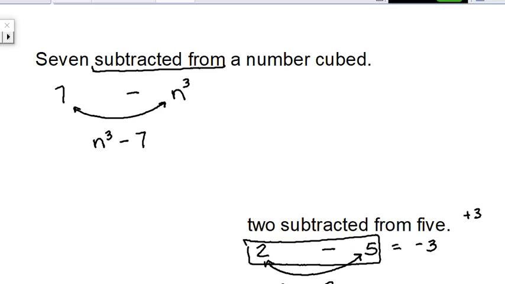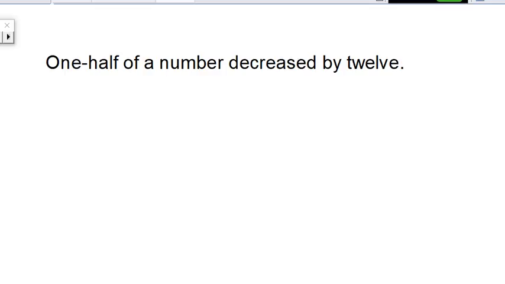Okay, let's take a look at a couple other ones, much easier because we don't have to remember that rule for these. You can actually translate these exactly as it's read. This one asks you to translate the sentence 1/2 of a number decreased by 12. So the first thing we have to do is translate 1/2 of a number. That's pretty easy to do. 1/2 of a number would be n.